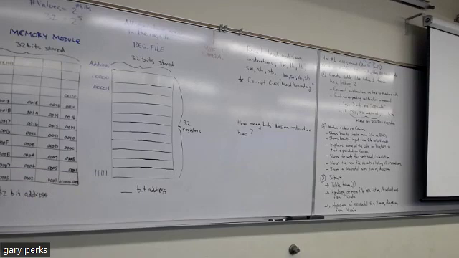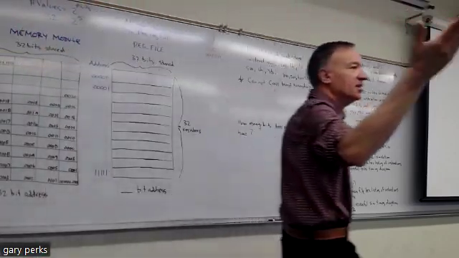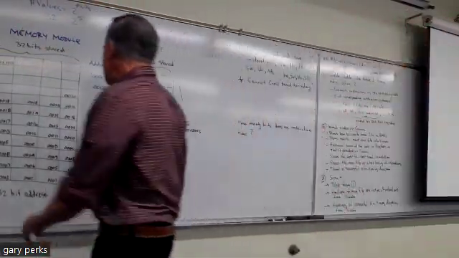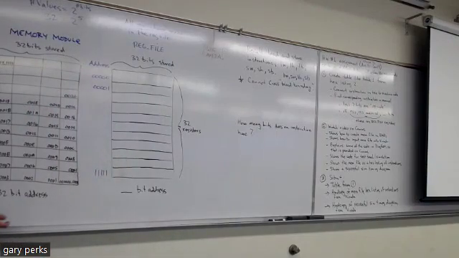But what I can't do is use a load or store half word with this address. Because if I use this address, it would try to take this byte and this byte, but that would be crossing a word boundary, because how many bits is a word? 32. So you see, you can't take a byte from one word and another word. It doesn't work. That's what we mean by crossing a word boundary.